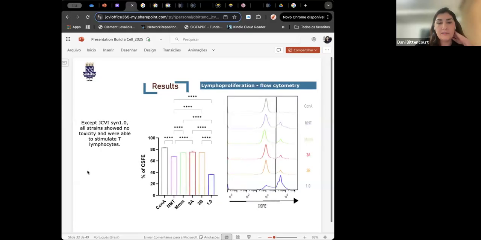But when we look at the lymphoproliferation, or the increase in the proliferation of all the mononuclear cells present in the culture, all of them were capable of inducing this proliferation, showing that all of them in a certain way can induce an immunological response. This is interesting because it might show us that these cells might be functional as a vaccine.